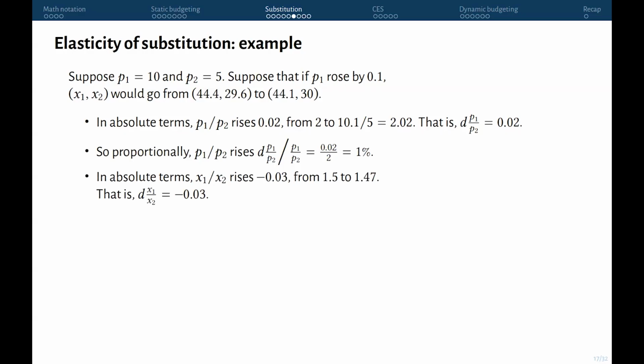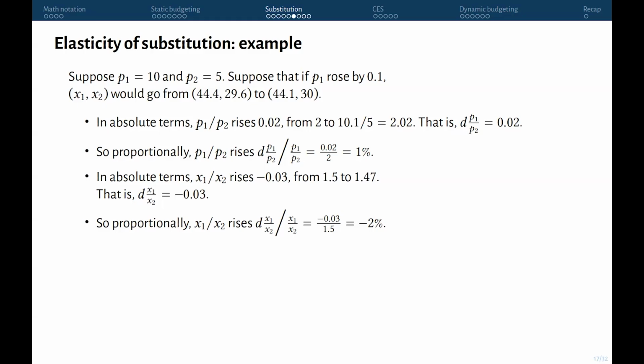And suppose that in absolute terms, the way you respond to this is by decreasing your consumption of good one relative to good two, so that that ratio falls by 0.03, and the ratio started out at something I kind of backward engineered so that the proportional fall in the ratio of your consumption of good one to consumption of good two is 2%.